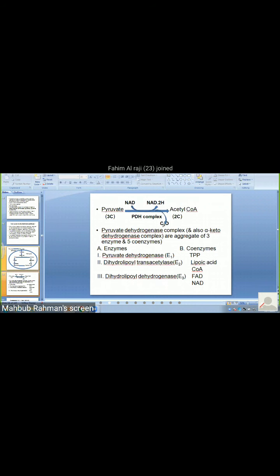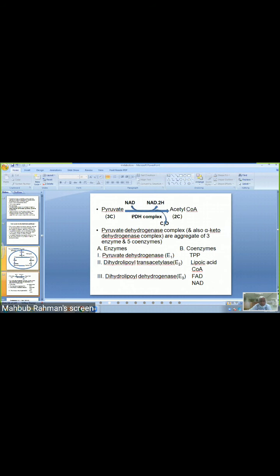Is it clear? The enzyme responsible is the pyruvate dehydrogenase complex. The coenzyme involved is NAD; the oxidized form, NAD, is converted to reduced NADH.